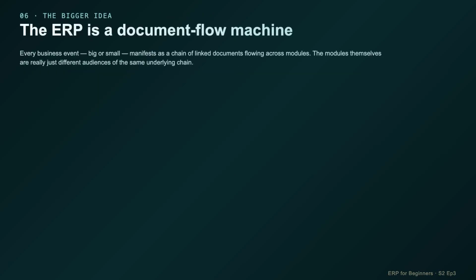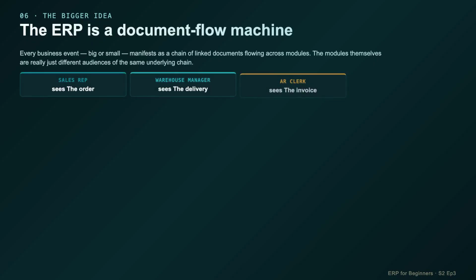The single most useful mental model you can take from this episode is that an ERP is a document flow machine. Every business event, big or small, manifests as a linked chain of documents flowing across modules.